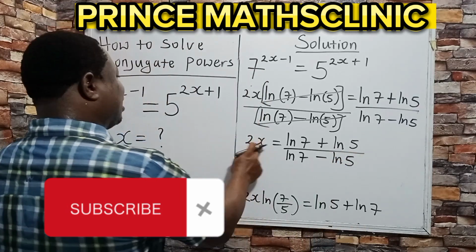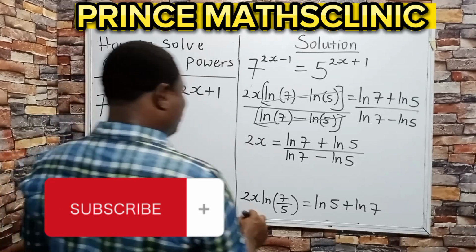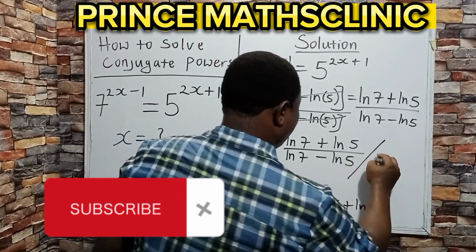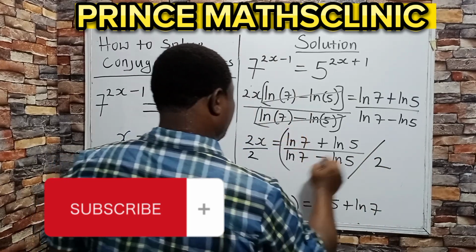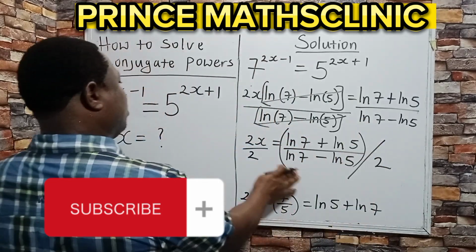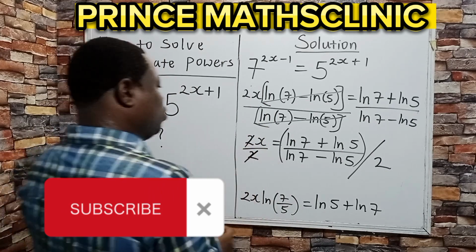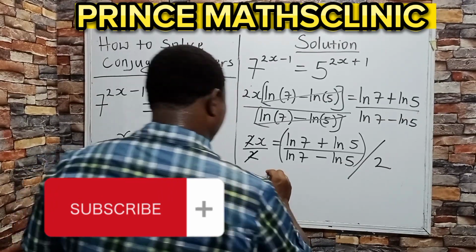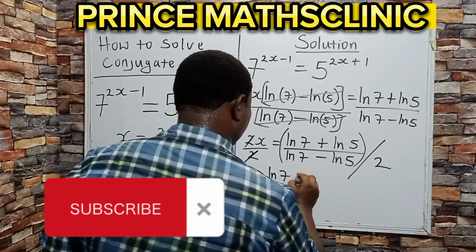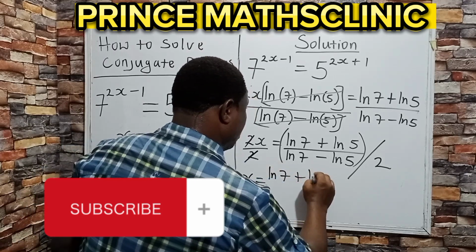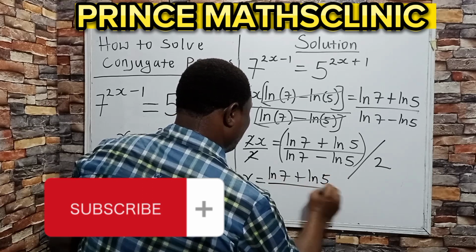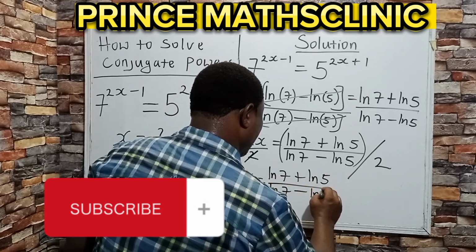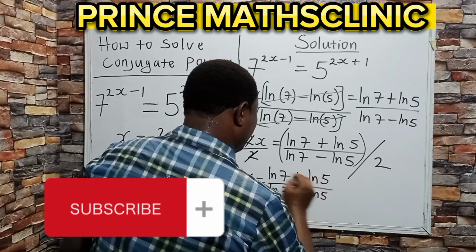But we want x and not 2x. So I have to divide both sides by 2 and divide everything here by 2. Put this in a bracket. So 2 will cancel 2. Therefore, my x will now become ln 7 plus ln 5 over ln 7 minus ln 5, everything divided by 2.